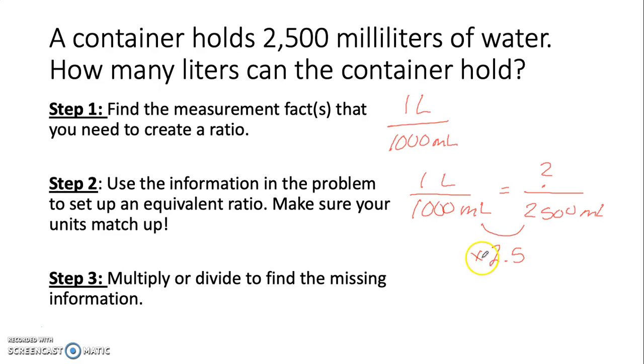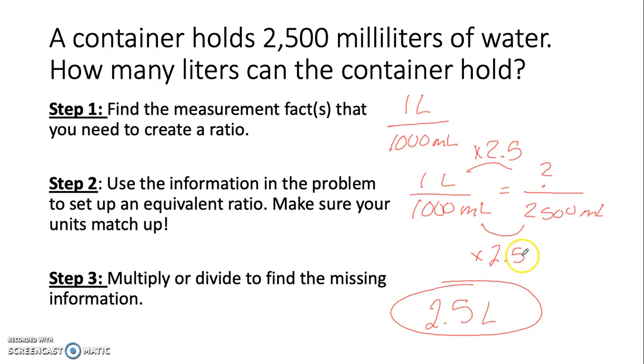So 1,000 times 2.5 is equal to 2,500, or 2,500 divided by 1,000 is equal to 2.5. Now 1 times 2.5 is equal to 2.5, so I know that there are 2.5 liters in 2,500 milliliters. Alright?